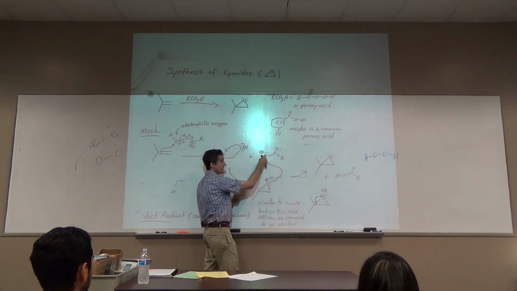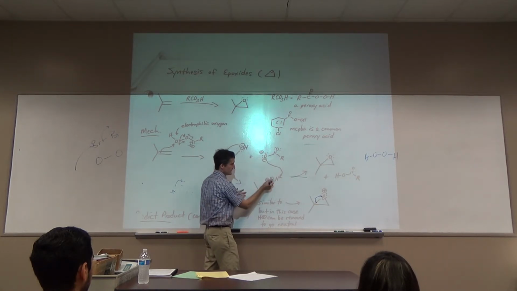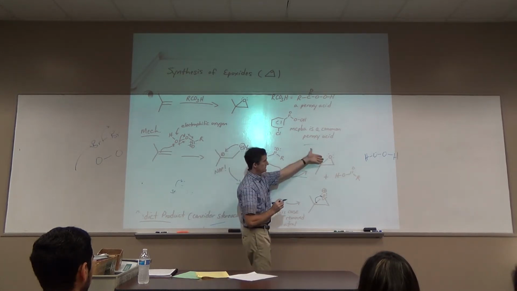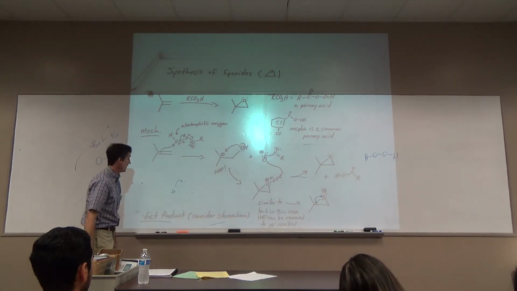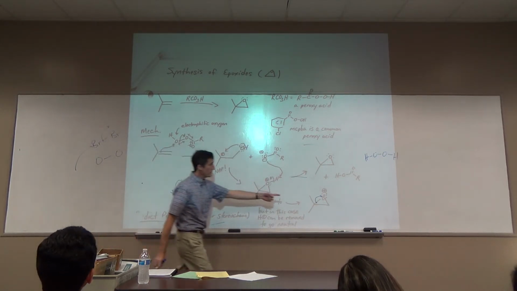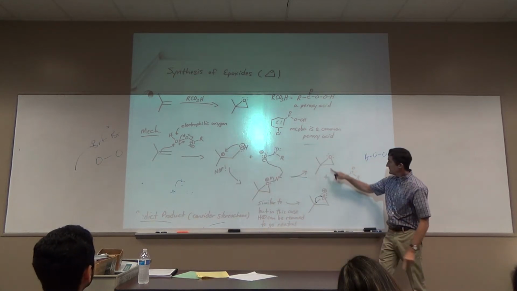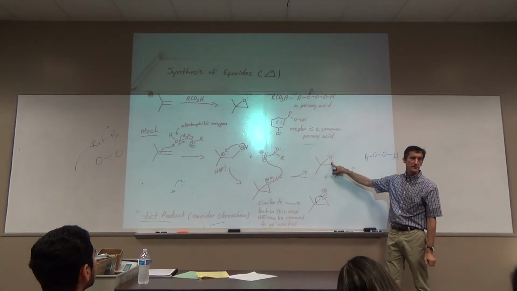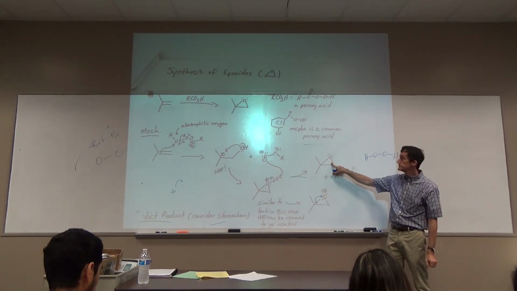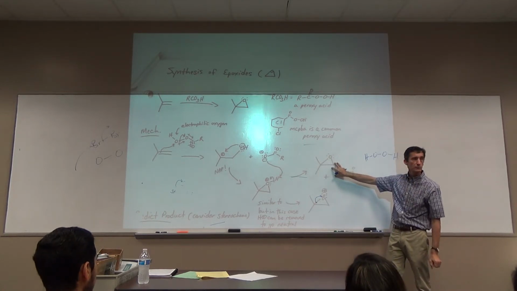And this guy, anion, can take the H, leave the electrons behind, and when you do, what do you get? Get your epoxide. Which again is a lot like the bromonium, but since it's neutral, it can be isolated much easier. And there you go, there's your nice neutral product.